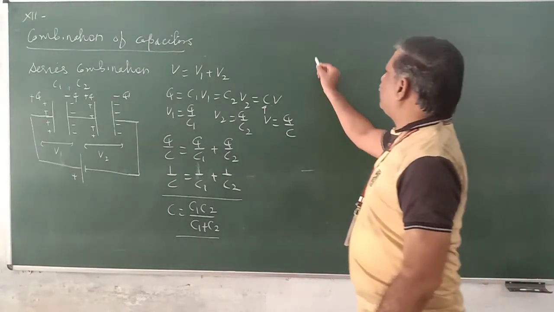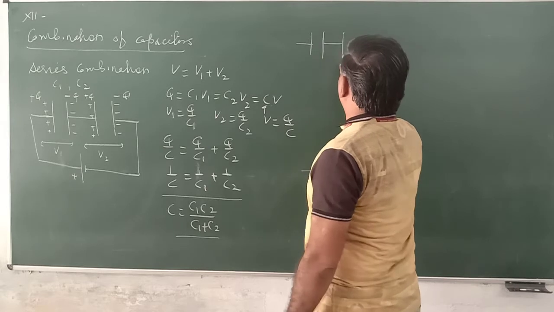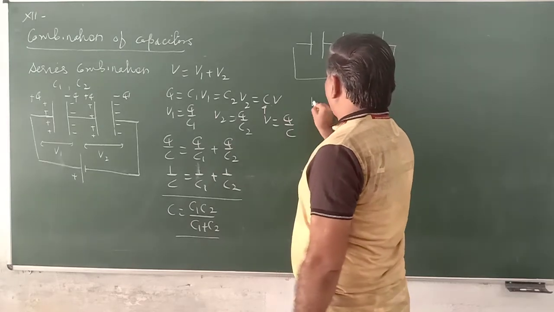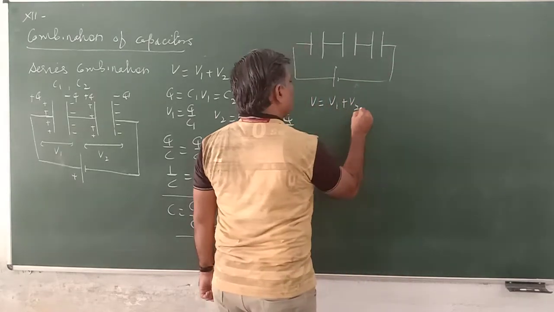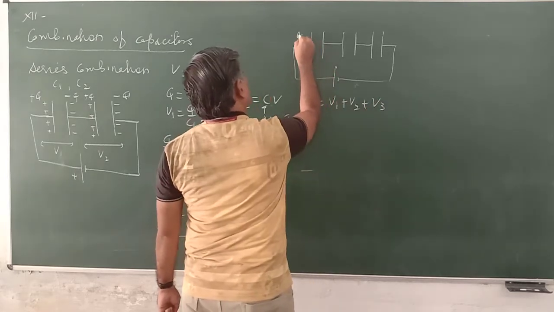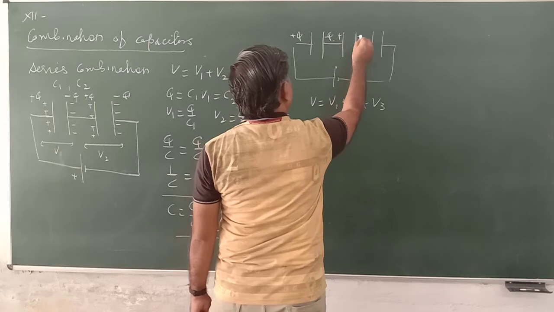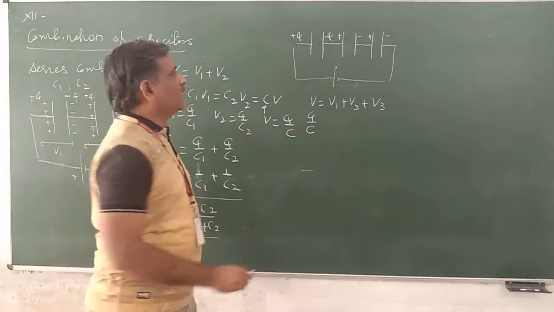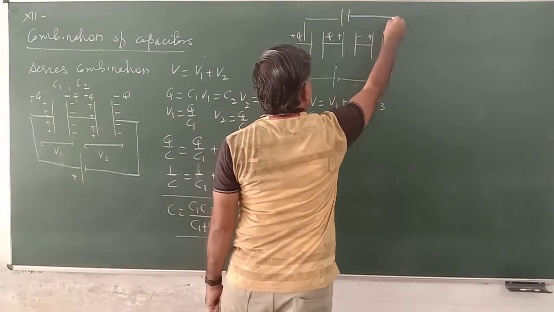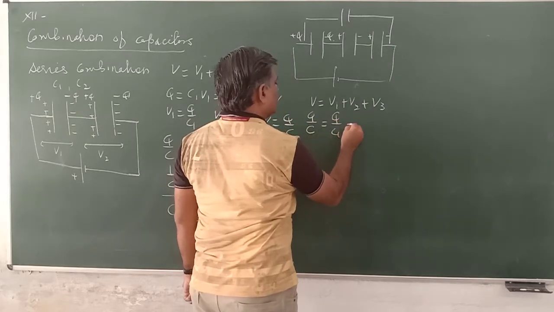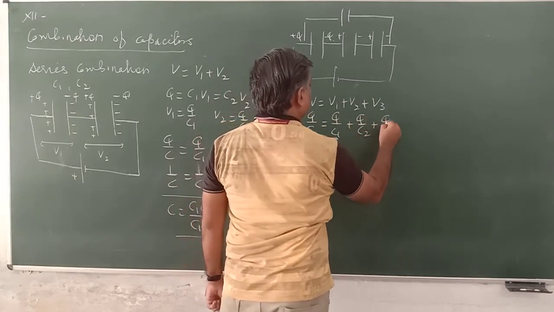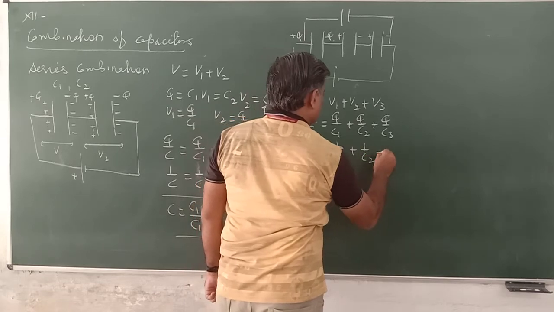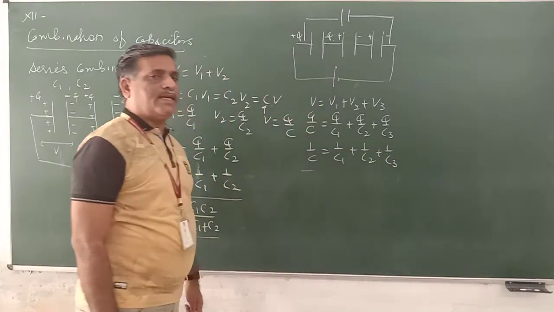Now suppose we take three capacitors. Same thing: V = V1 + V2 + V3. So Q/C, the effective of all, equals Q/C1 + Q/C2 + Q/C3, so 1/C = 1/C1 + 1/C2 + 1/C3 when three are there.